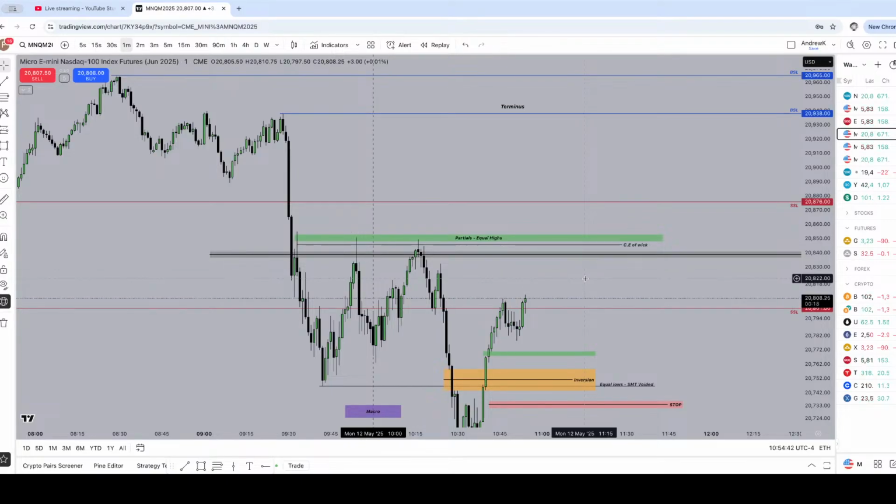So we're looking for a close above that high for continuation to here. Still waiting. We want to see price reach that high.